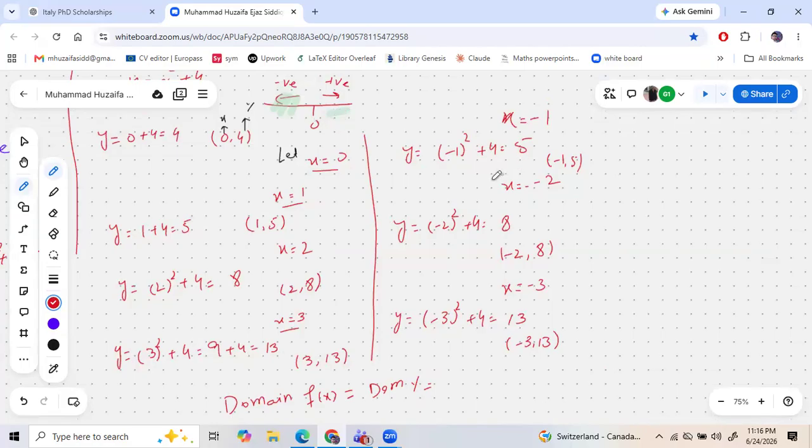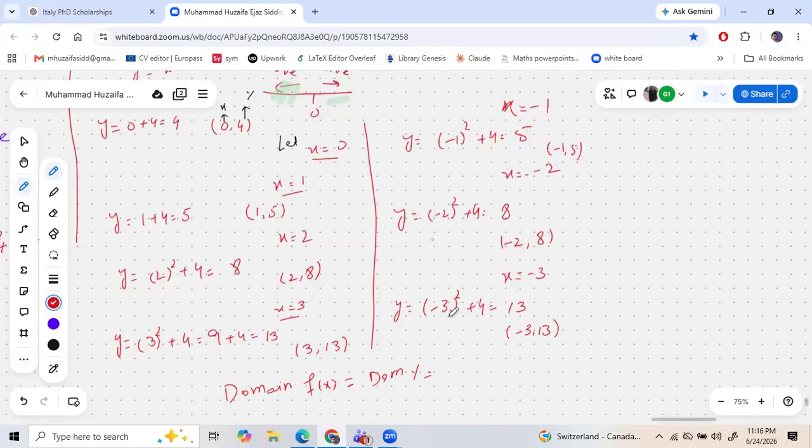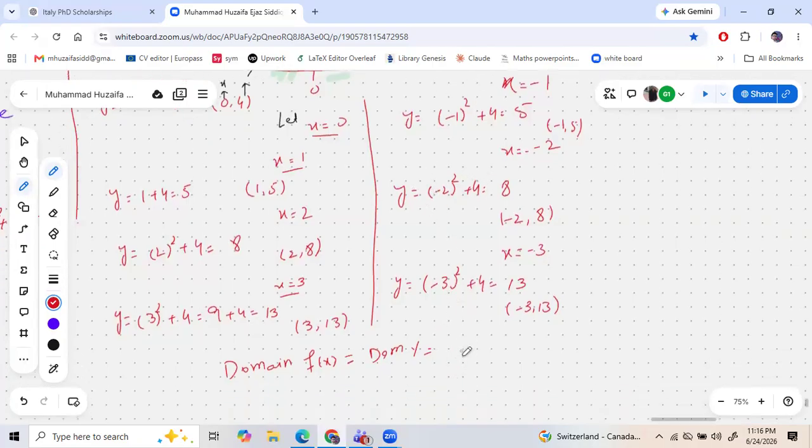Here we have two types of cases. One is where the function is defined, one is where it is undefined. But here we are studying the first case, where the function is defined. After that, I'm giving you a second example for the undefined situation. So here this function is defined everywhere. So I'm writing minus infinity to plus infinity.